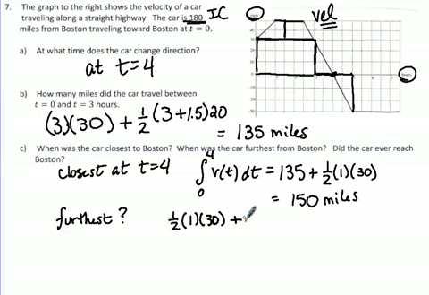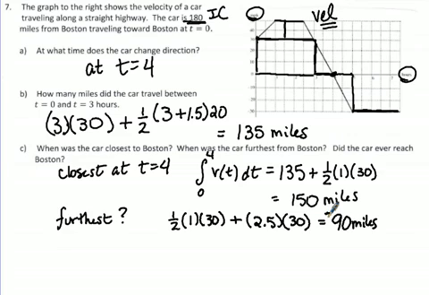And then the remaining rectangle has, let's see, this distance is 2.5 hours. And again, my height is the same of 30 miles per hour. If we add these together, we get 15 plus 75, which would be 90 miles, which means the car traveled back towards where it started 90 miles.